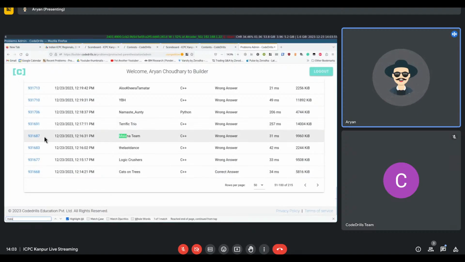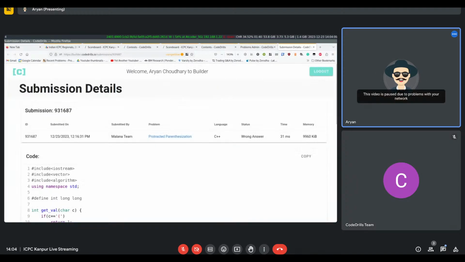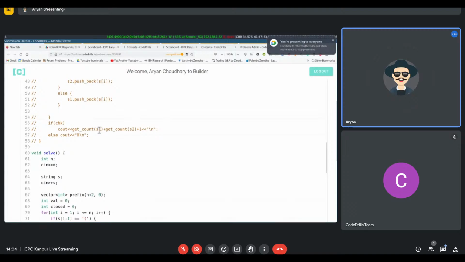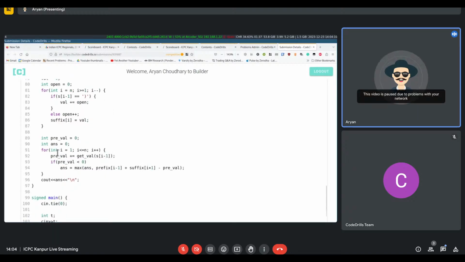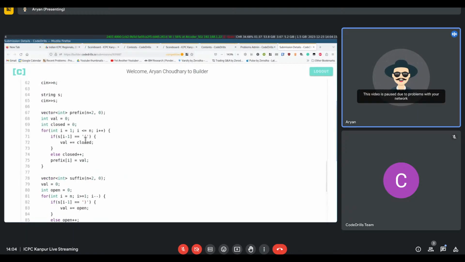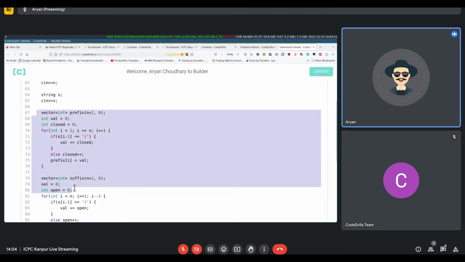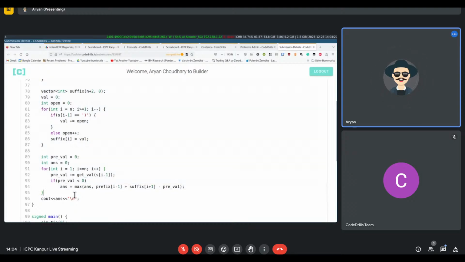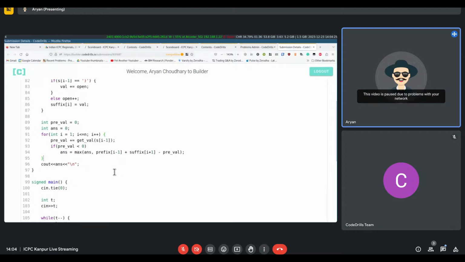This was the very recent wrong answer the Malana team got. Okay, the Malana team is very close to solving this one. All they need is to reverse the string, replace the opening bracket with the closing bracket, and run the same algorithm again. They are halfway there, and they would be able to get an AC on this one before the end of this contest.